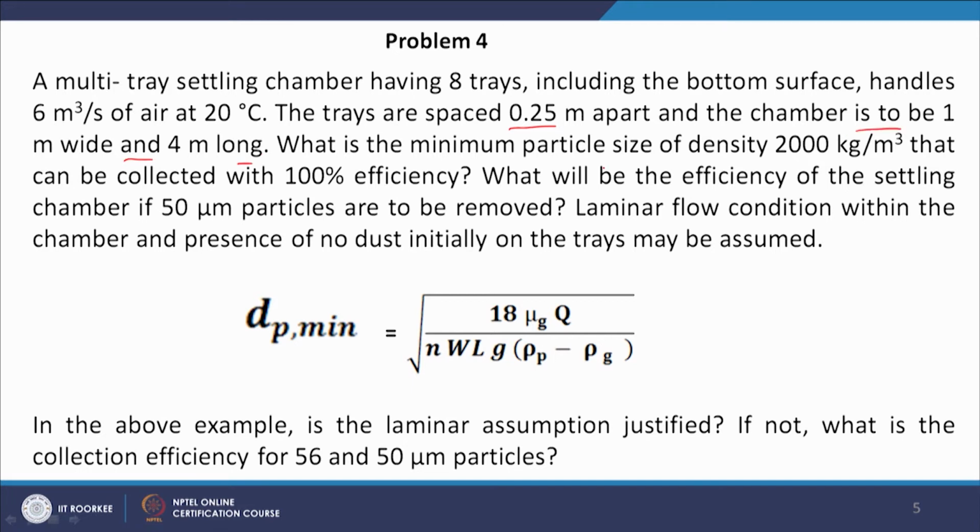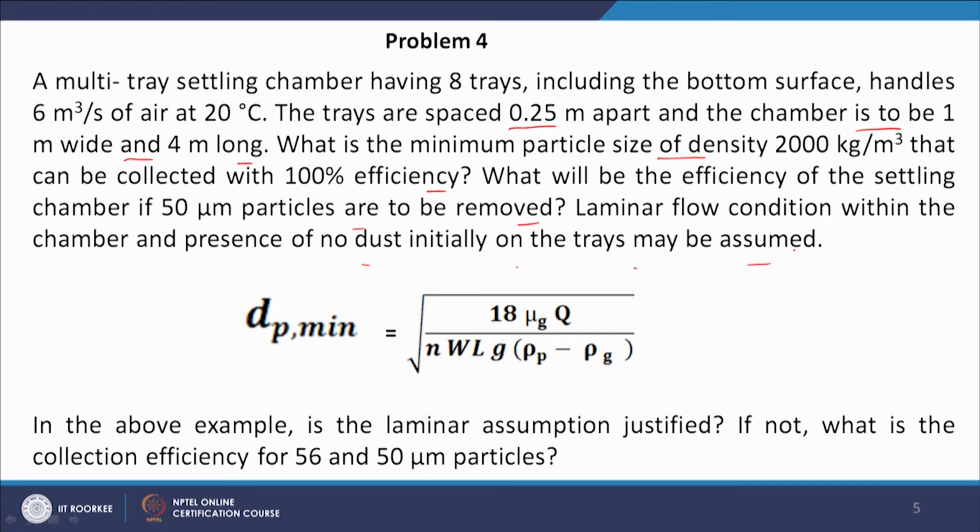What is the minimum particle size of density 2000 kg per meter cube that can be collected with 100% efficiency? What will be the efficiency of the settling chamber if 50 micrometer particles are to be removed? Laminar flow condition within the chamber and no dust initially on the trays may be assumed.